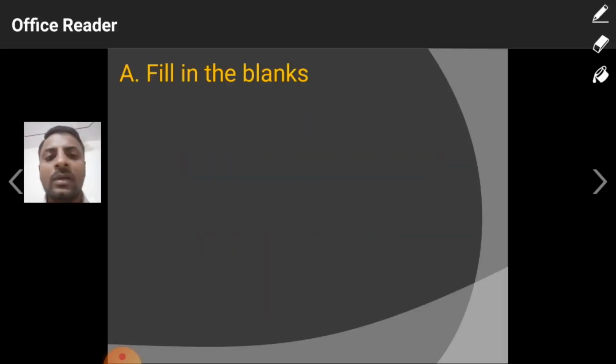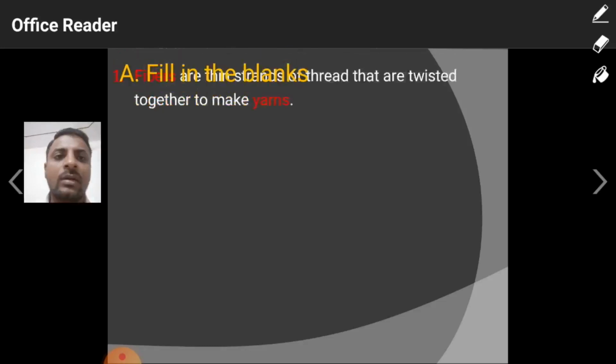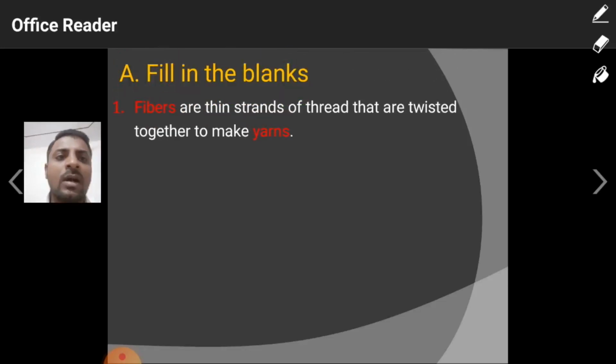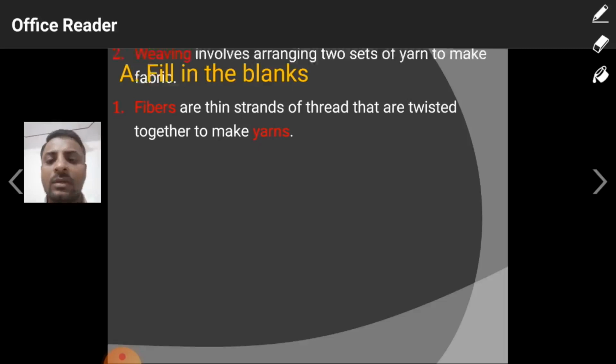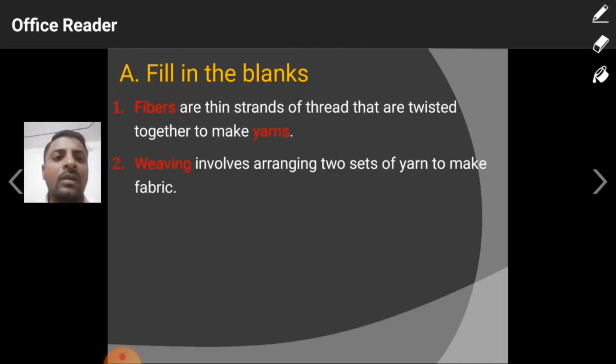Let's go to our questions. The first one is fill in the blanks. Fibers are thin strands of thread that are twisted together to make yarns. Weaving involves arranging two sets of yarn to make fabric.